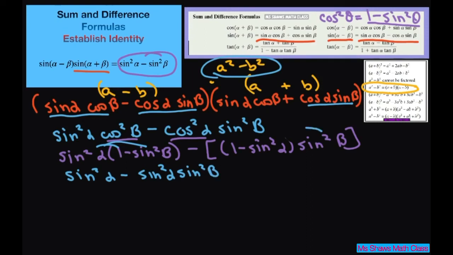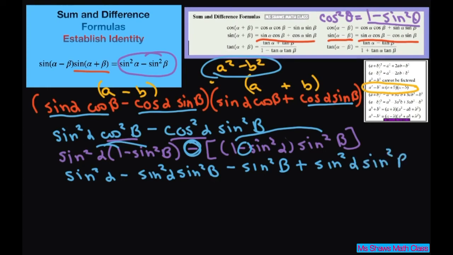And then when you distribute here, I'm going to go ahead and add all this together and get minus sine squared beta. And then two negatives make a positive, and that's going to be sine squared alpha times sine squared beta.